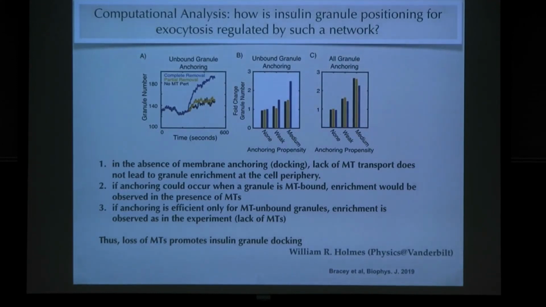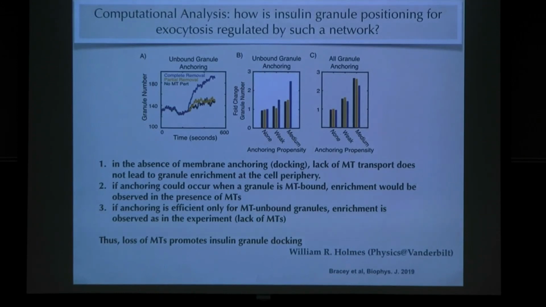Without the activation of this mechanism, there will be no accumulation at the end. And only those granules which are not bound to microtubules at the moment should be able to dock and eventually secrete in order to be consistent with our experimental data.